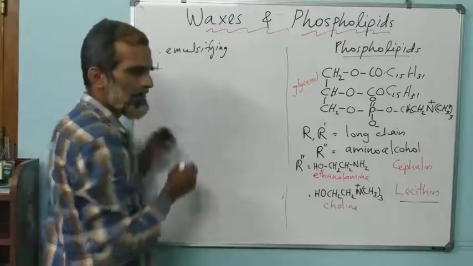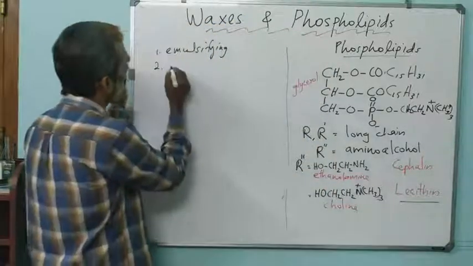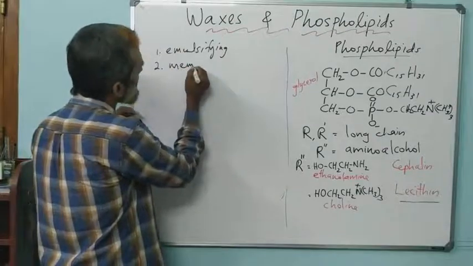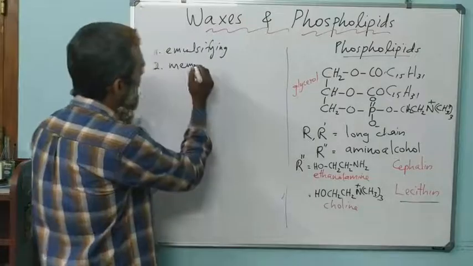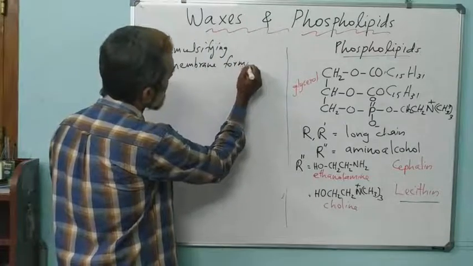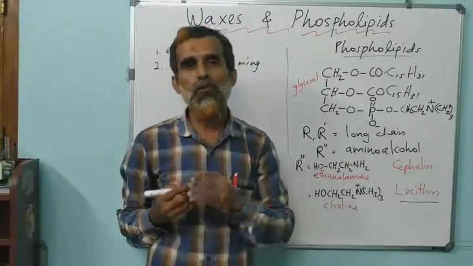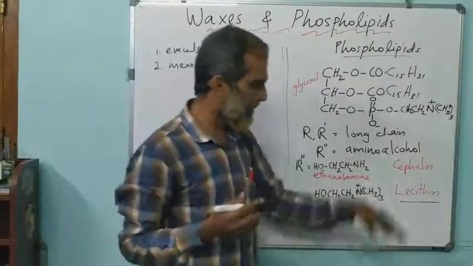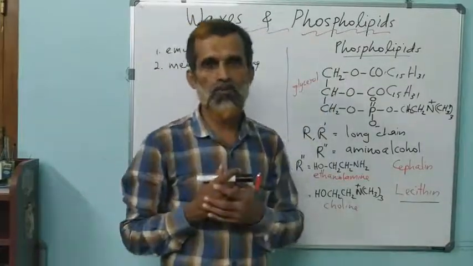The second important property is that they have membrane forming property. So these two properties make phospholipids worthy. They are membrane forming and they are emulsifying. These two properties of phospholipids make them useful to be part of the cell membrane.